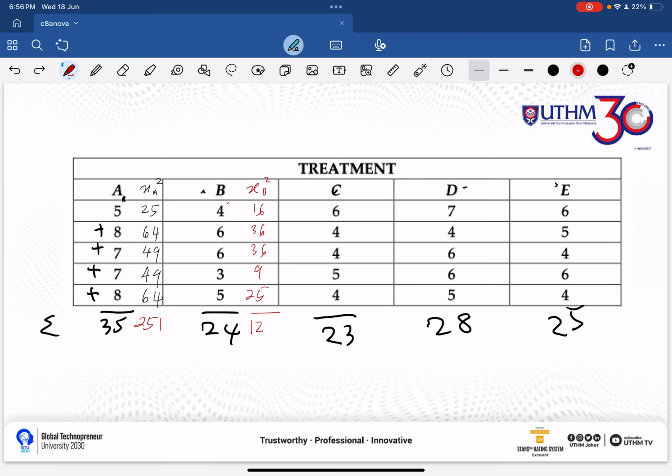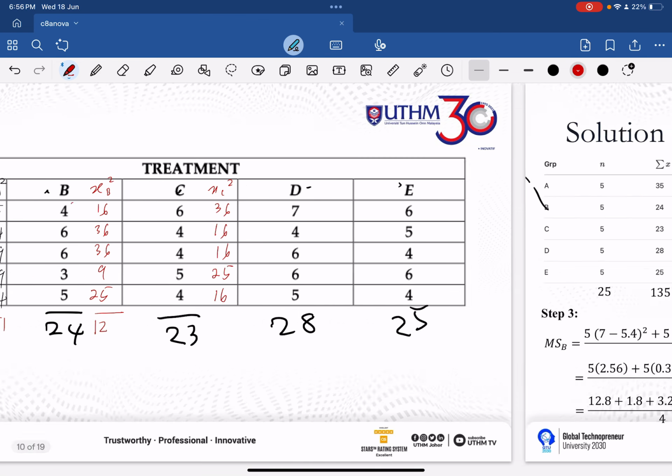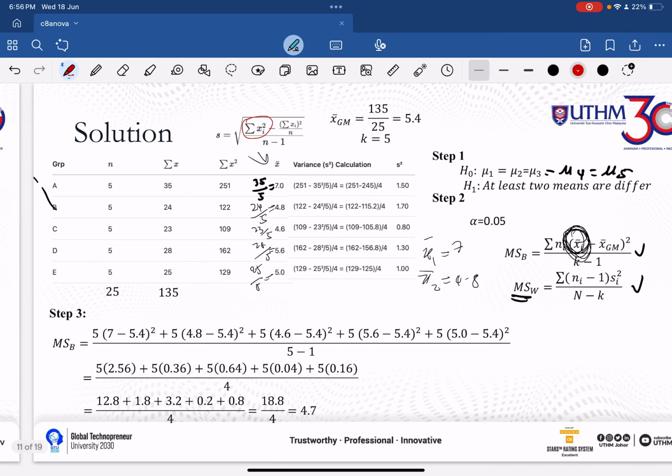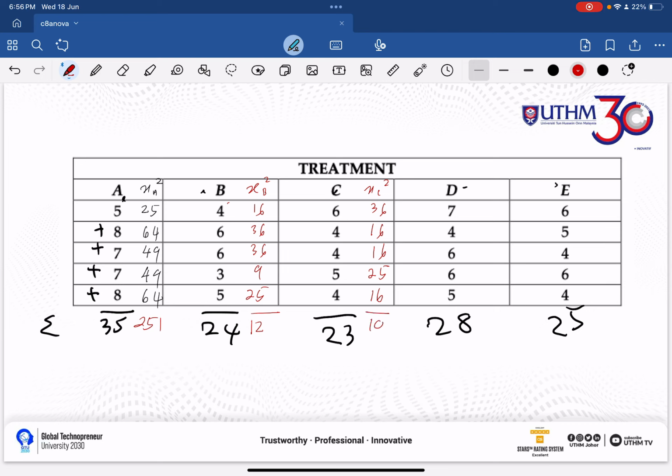Okay, next same goes to C. So x_C squared: 36, 16, 16, 5 squared is 25, 4 squared is 16. So here you get 109 as the summation. And then for group D, we square: 7 squared is 49, 4 squared is 16, 36, 36, 25.